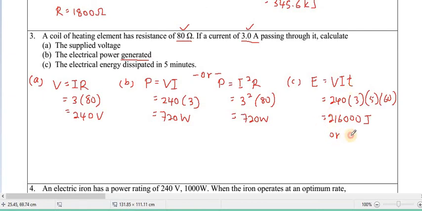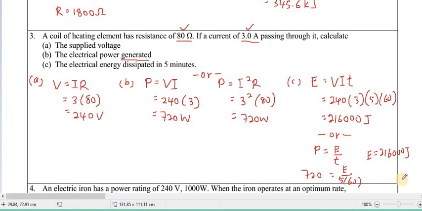So again, to calculate the energy, not necessarily you use VIt. You can also use P equals to E over t. The power you already have from previous calculation, 720. Time 5 times 60. So you can also get energy equals to 216,000 joule.